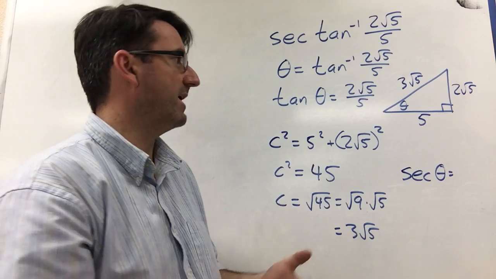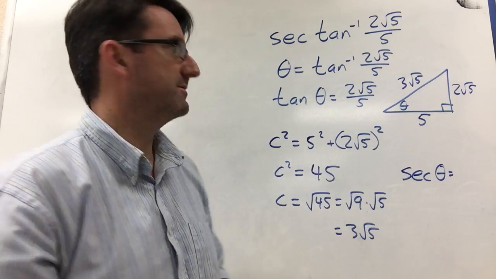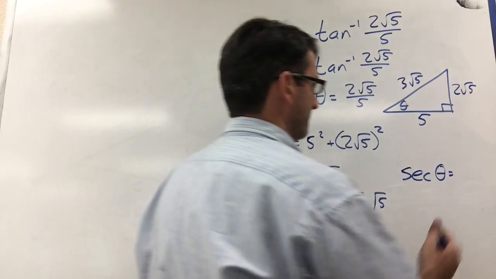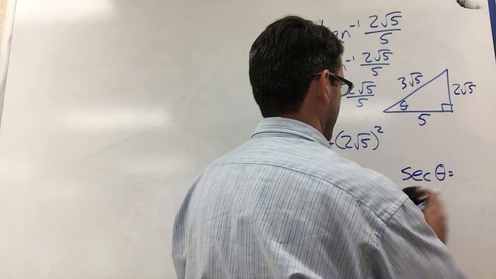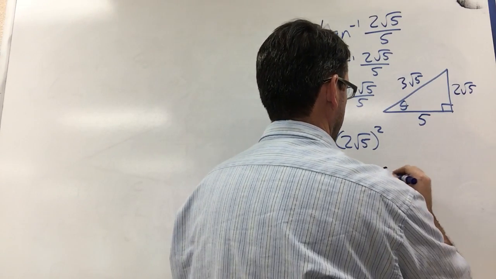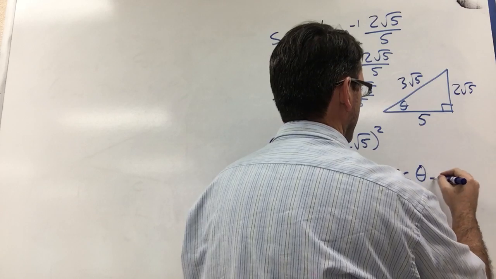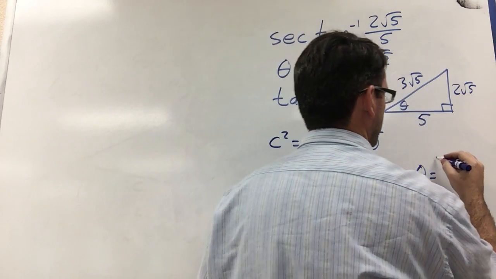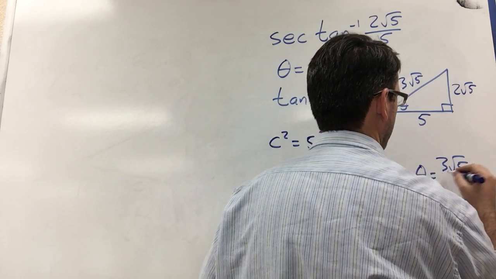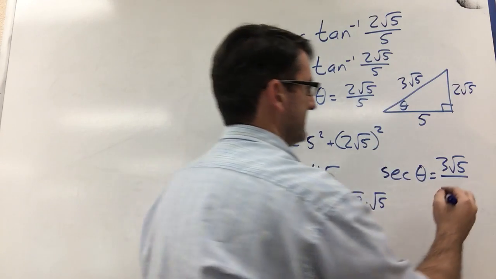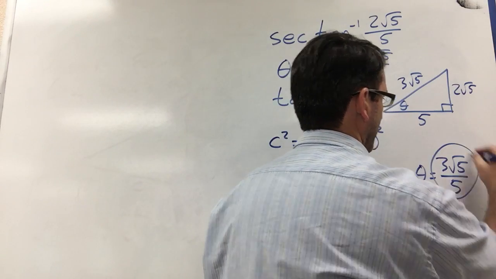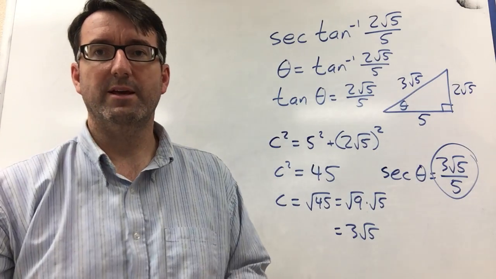Cosine is adjacent over hypotenuse, so secant is hypotenuse over adjacent. And so the secant of theta is going to be equal to the hypotenuse, which is 3 square root of 5, divided by the adjacent side, which is 5. And that's going to be our answer.